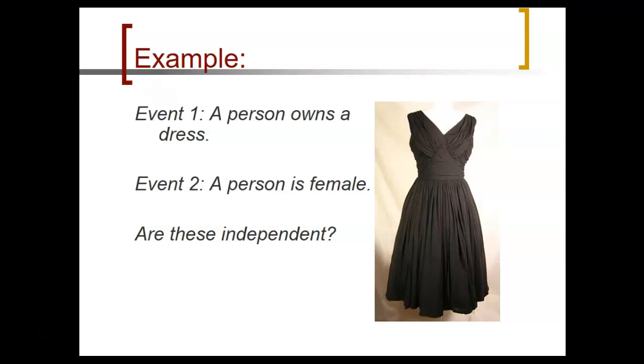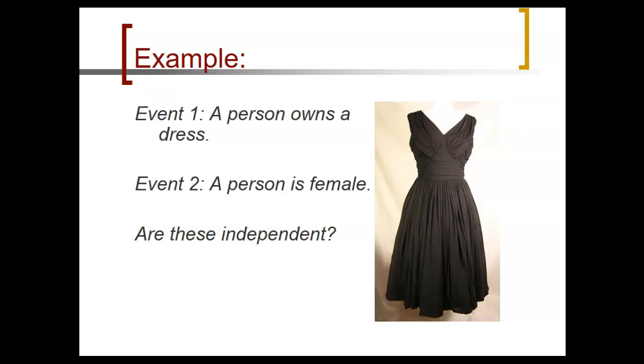Well, if they were independent, that would mean that whether or not one of those is true has no effect on how likely the other one is to be true. Like, if you know the person is female, that doesn't tell you anything at all about how likely they are to own a dress. But I don't think that's the way it is.